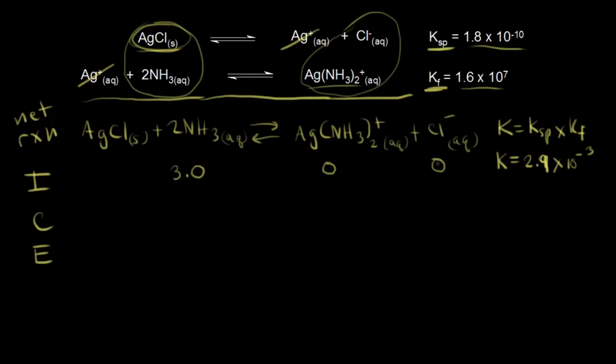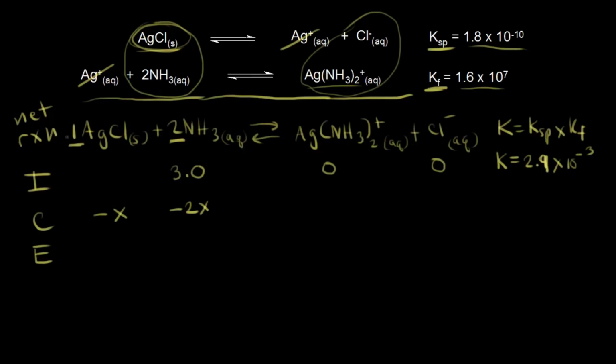So now we add our silver chloride to our solution of ammonia, and some of our silver chloride is going to dissolve, and so we make that concentration X. So we're losing a certain concentration of silver chloride, so we write minus X. Next, we look at our mole ratios. So the mole ratio of solid silver chloride to ammonia is 1 to 2. So for every 1 mole of silver chloride that dissolves, we're also going to lose 2 moles of ammonia. So we write minus 2x here.